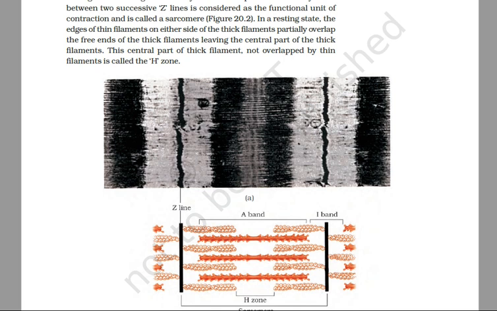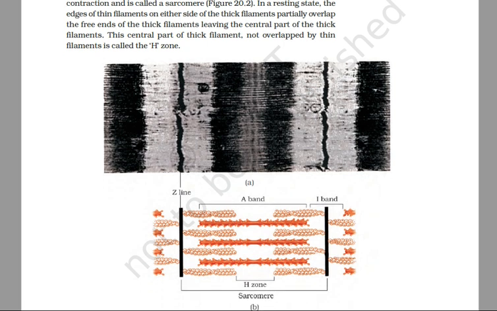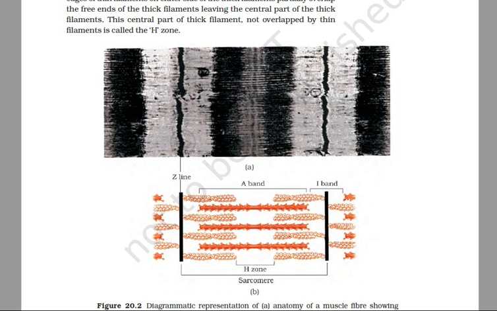Then you can very well see the A band having the H band, and the I band. This way the A band, I band, H zone and Z line are clearly visible, and you can see the sarcomere also.